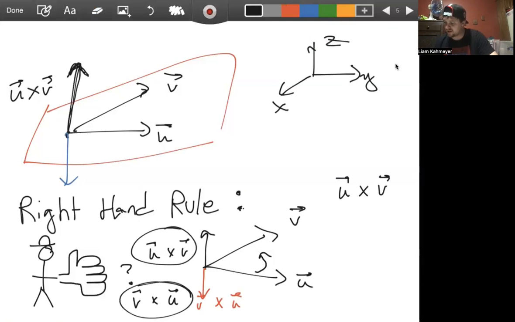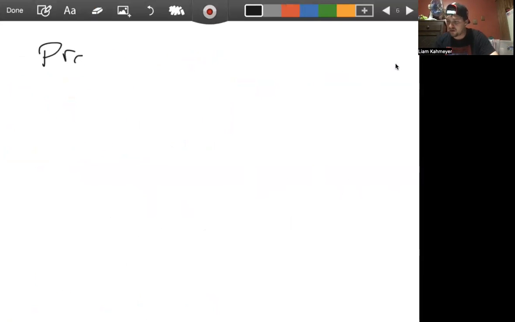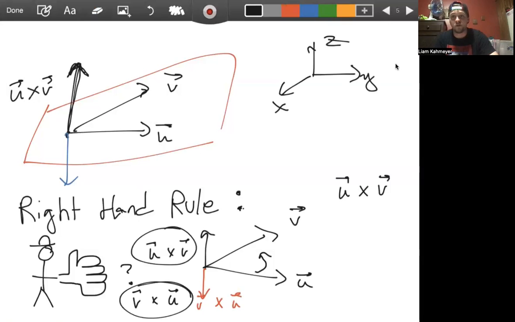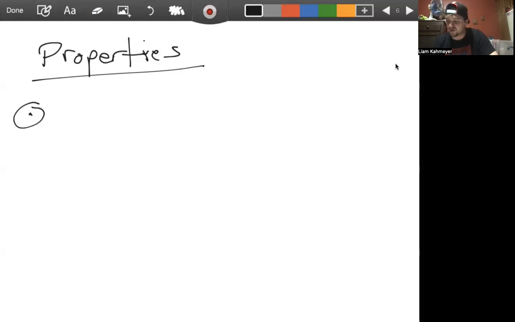And just understanding the geometry of this operation leads us to an important property. This idea that if you switch the order of your cross product, it changes the direction of your normal vector, is a geometric description of anti-commutativity. So we have u cross v is equal to negative v cross u, right?